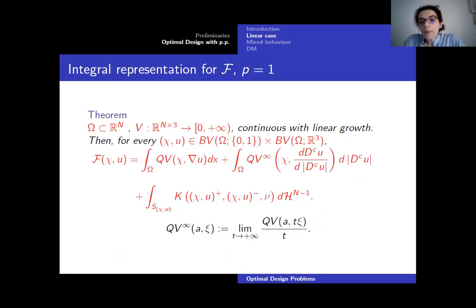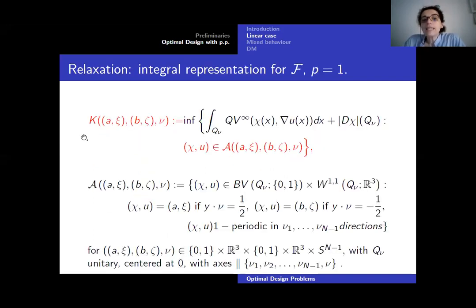The complicated part, let's say the most complicated part, is to read this surface density. And this surface density takes into account essentially the interaction now between the field chi and the field u.